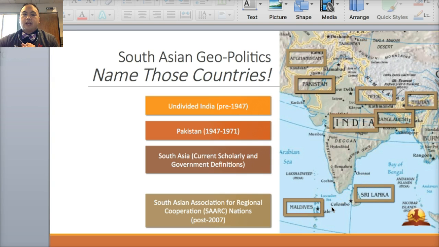Every time they use the term South Asia, they're referring to these countries right here. But when we talk about the South Asian Association for Regional Cooperation nations, post-2007, or the SAARC, that also includes Afghanistan. So just so that you know about the geography or what we're talking about, hopefully now you know.